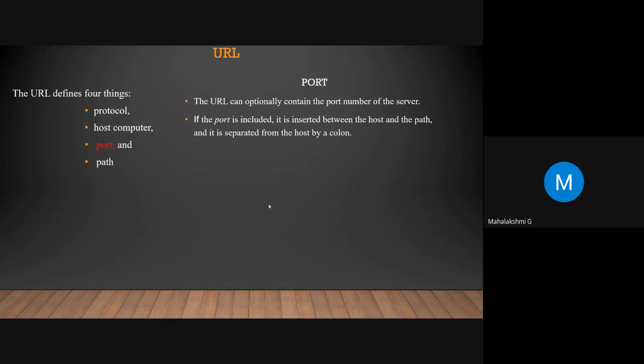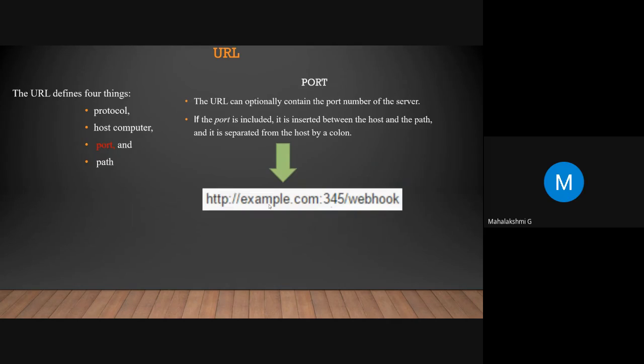The next one is the port. The URL can optionally contain the port number of the server. You know that optional means it is not mandatory. When the port is included, it is inserted between the host and the path, and it is separated from the host by a colon, which I have shown in the figure.